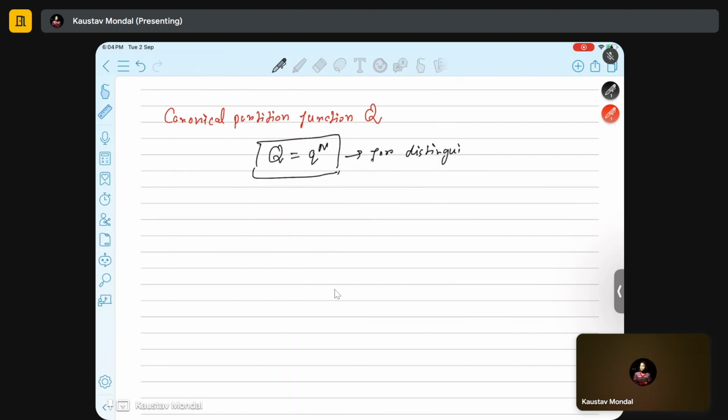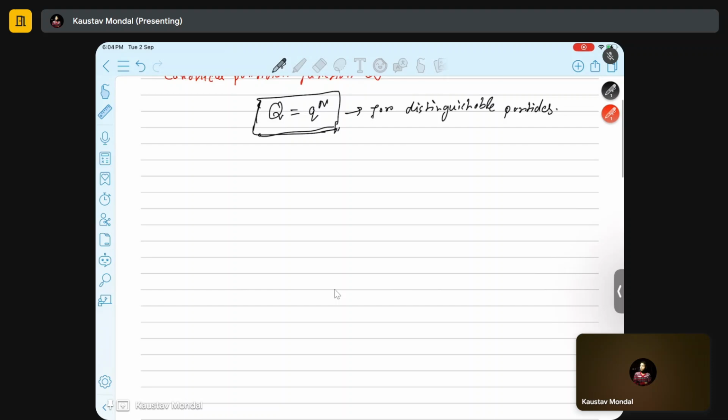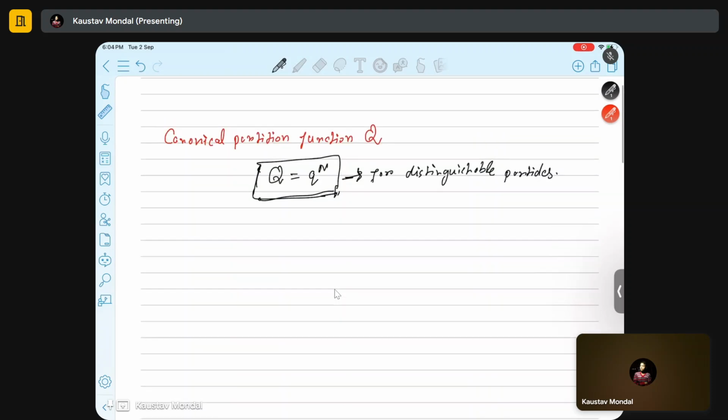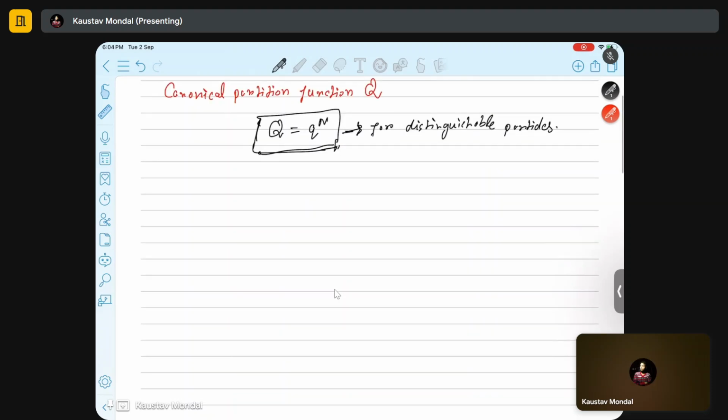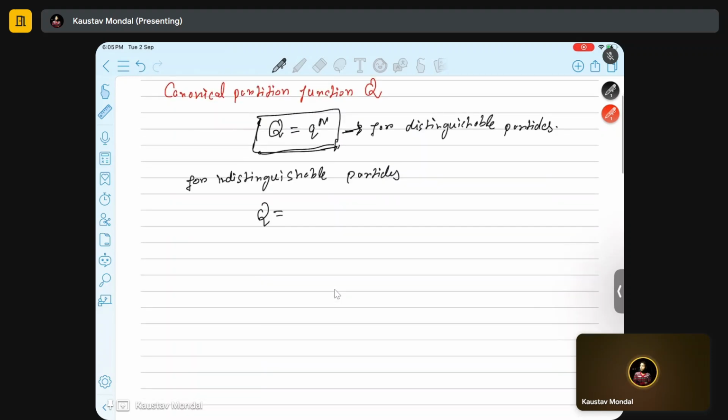Next, for indistinguishable particles, the canonical partition function capital Q is related by q to the power N by N factorial.